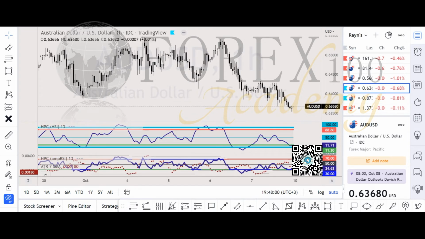To the 1-hour chart, this is what we have. If you know candlestick analysis, you should be able to know that this is a prolonged extended support level. Each candle like what I've just described just gives you a lower candle wick.